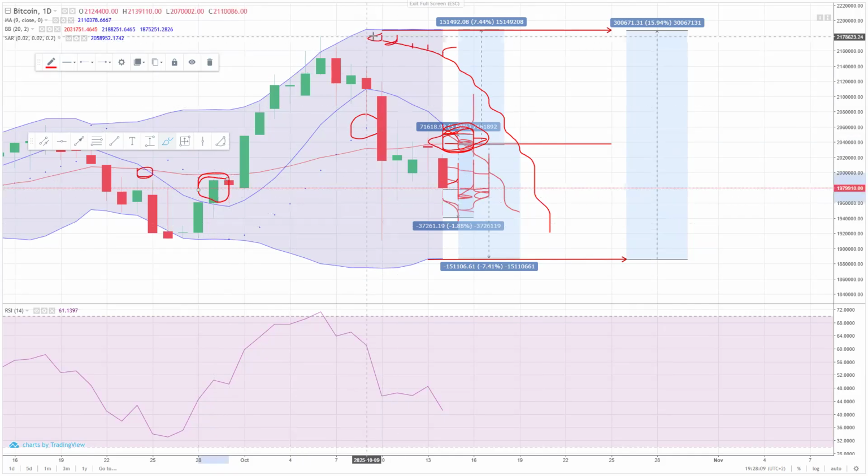Parabolic SAR. Over here, they are far away from the candlesticks. It's going to take a while for the candlesticks, probably here in a week's time, we will be going down with this also. So maybe we will still see another 5 to 7 days of the prices dropping.